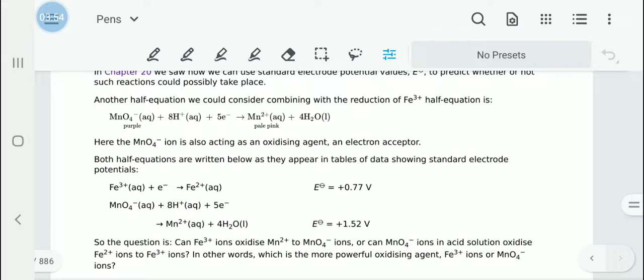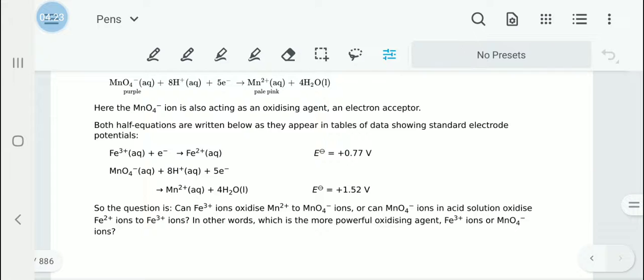So MnO4- is acting as an oxidizing agent and electron acceptor. Both of these half equations, Fe3+ into Fe2+ and MnO4- accepting electrons and becoming Mn2+, would have positive, higher standard electrode potentials.